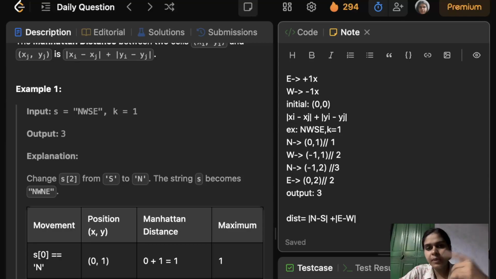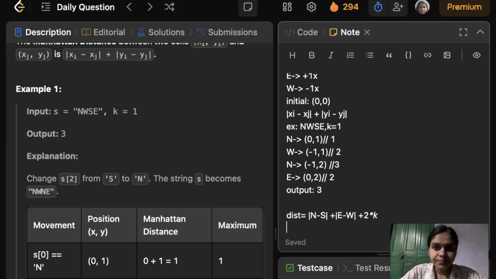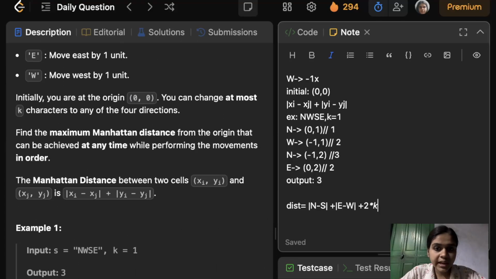So it will be like plus y minus of minus y, so it will be 2y, twice the difference. So we get 2 extra units for each such change made by k. So we can state that it is going to be 2 into k according to the logic. By this twist of k, we get the Manhattan distance formula as this.